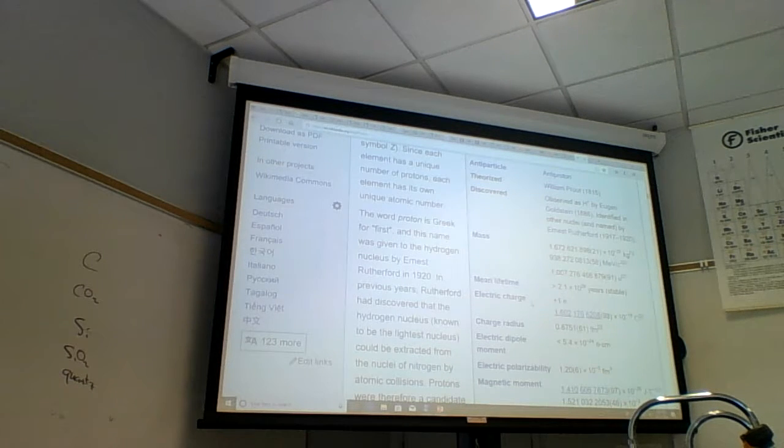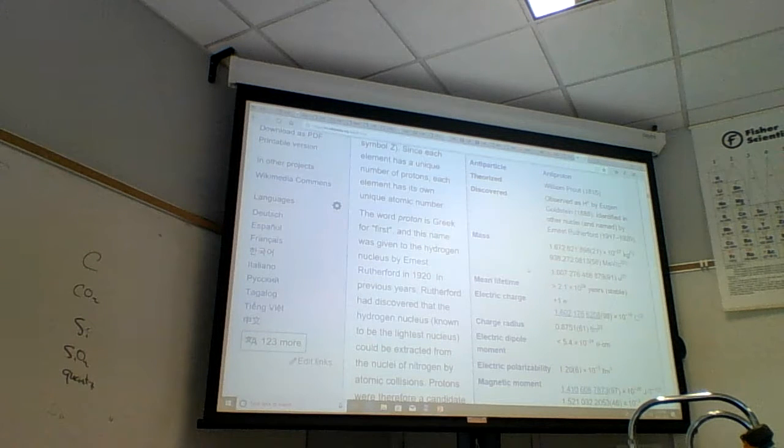Proton weighs 1.0072 U. So this is 6 times 1.0072 U. Neutron is 1.08 U. Electron is 0.0005 U. Just add up the masses.